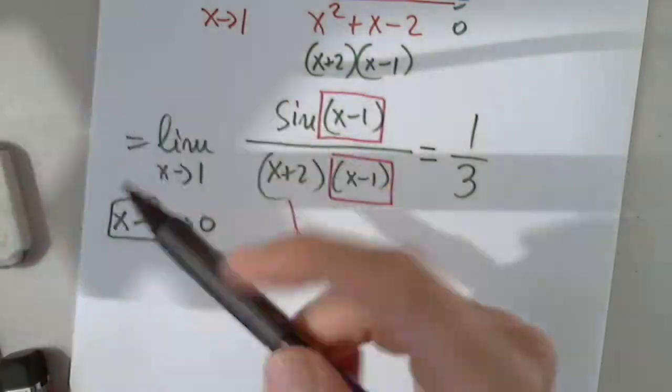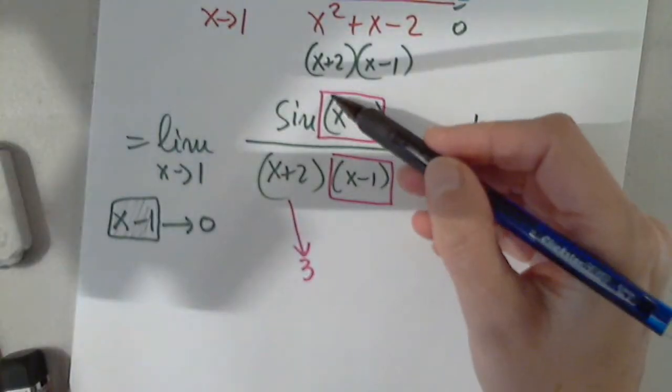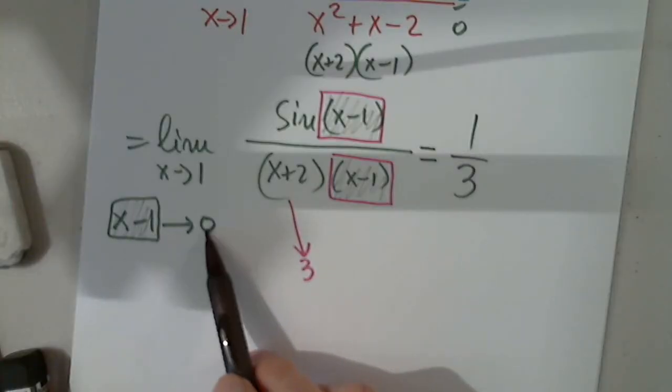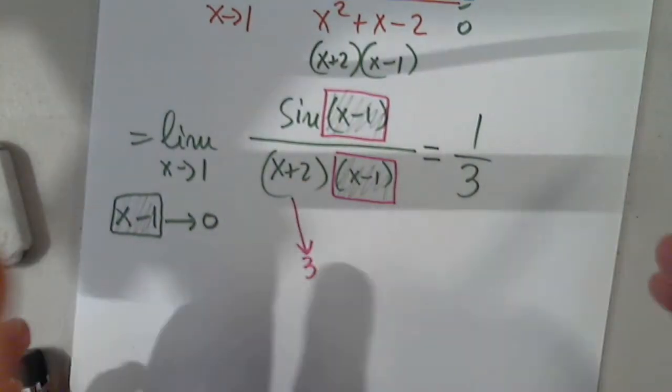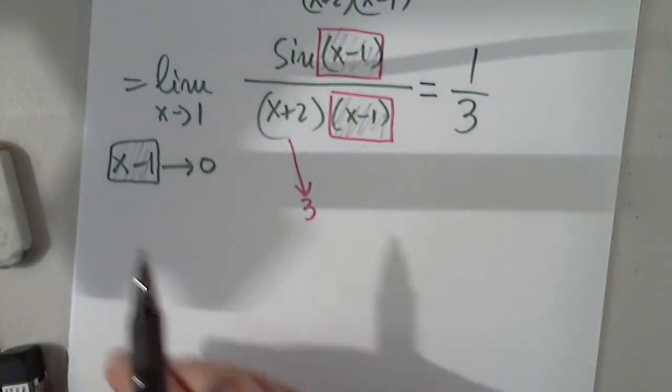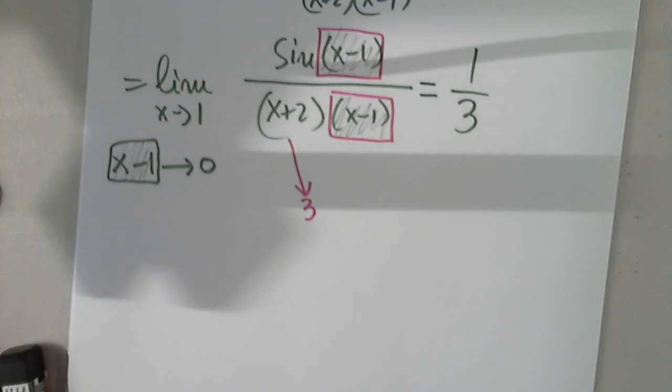Because I was able to show all these three pieces being identical and this approaching 0. This piece is just sand in my eyes, right? Just to throw me off. But actually the limit is 1/3.